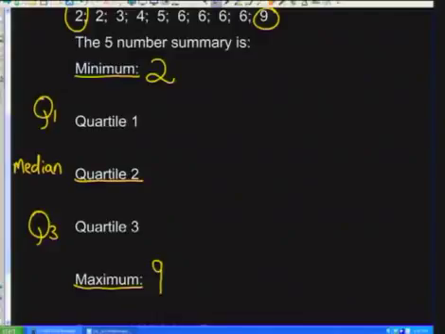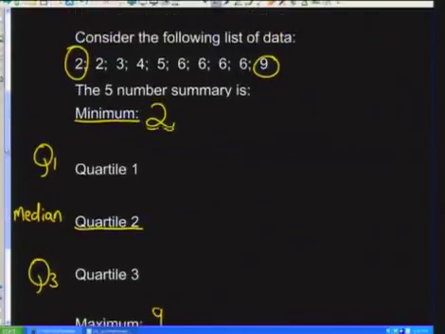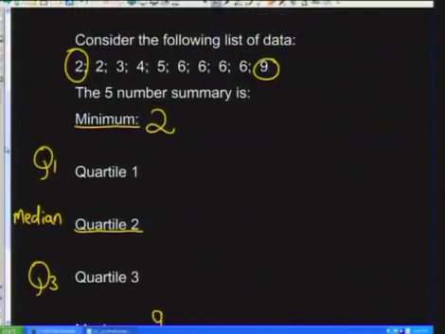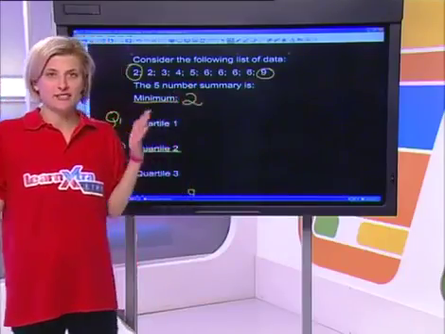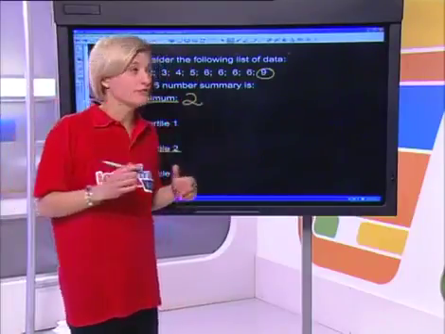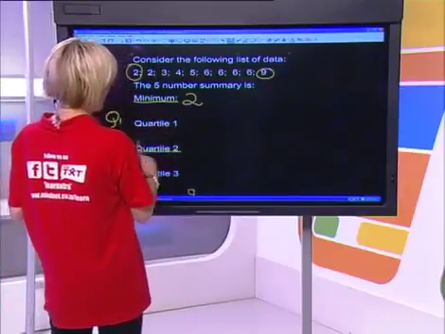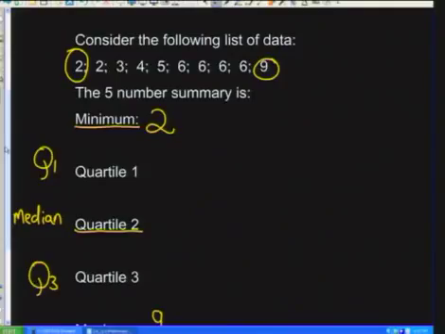Now, I'm going to carry on and determine Q2. Now, this is very important. I've got an even set of data values. I've got 10 pieces of data. So, if I've got an even number of data values, what will happen is my quartile 2 will fall between two pieces of data. Have a look.